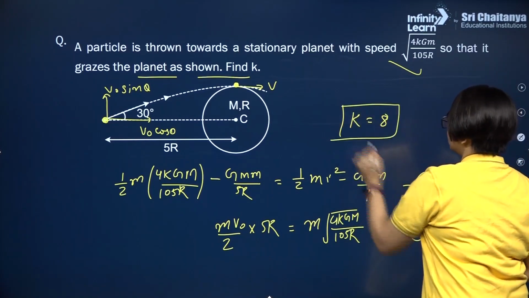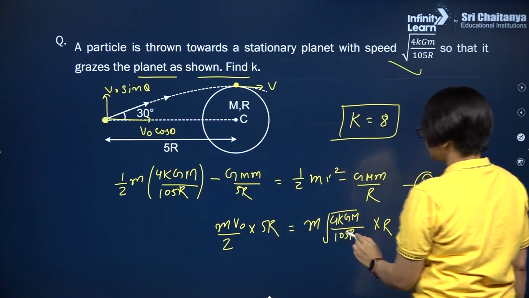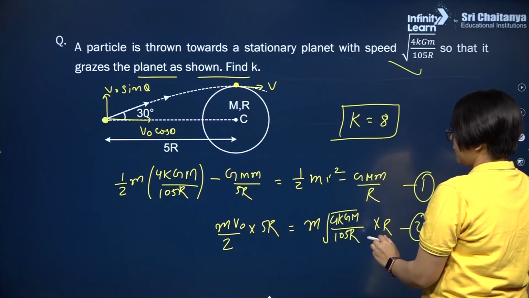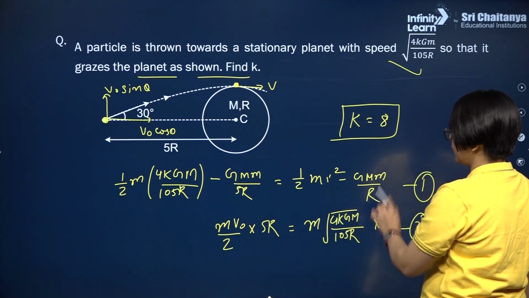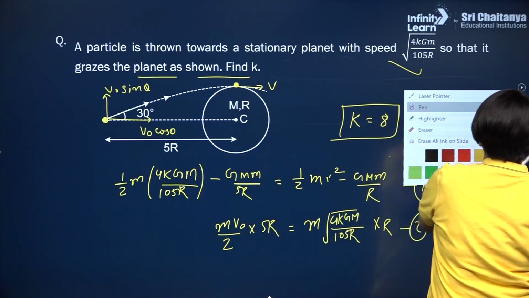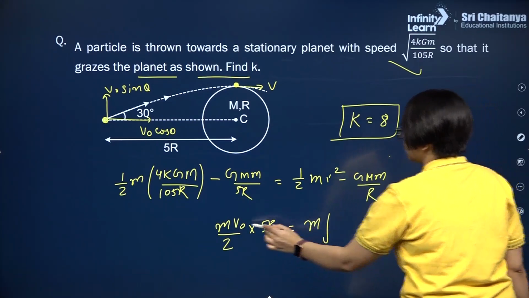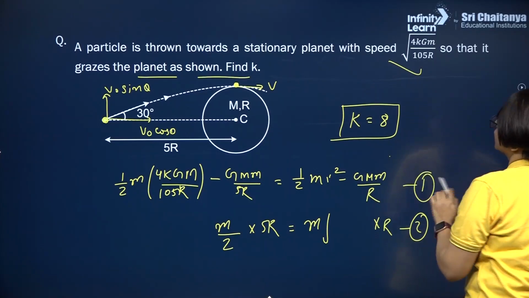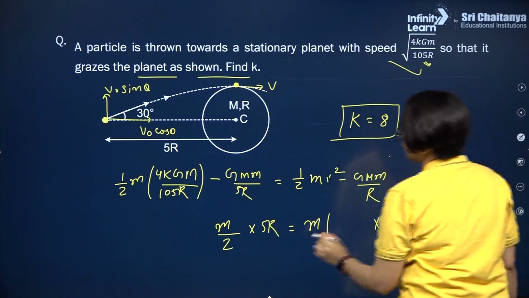Try to solve this equation, put the value of V naught. Sorry, this equation is wrong over here, just a second, let me erase it. This value should be here. What I did is I put the value of initial velocity in the final equation.